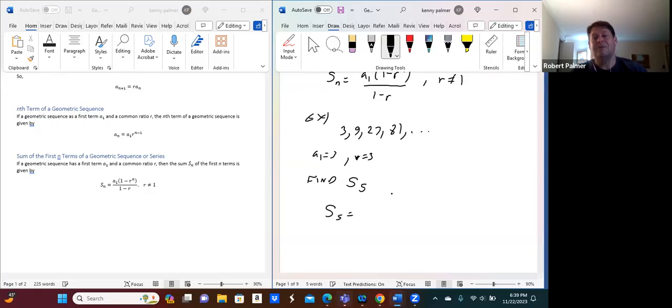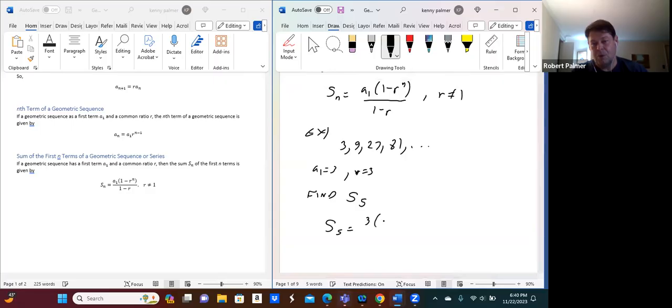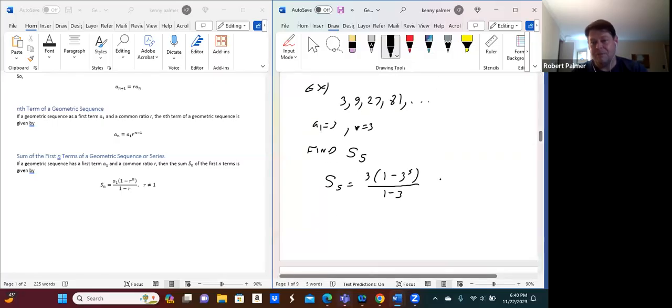Okay, so S5, according to this formula, is going to be A1, which is 3, times 1 minus 3 to the 5th over 1 minus 3. Okay, let's simplify that.